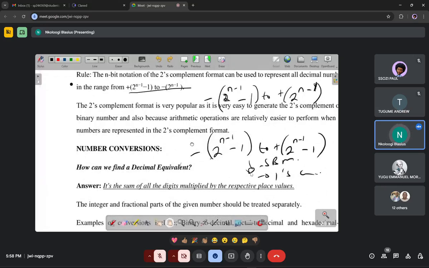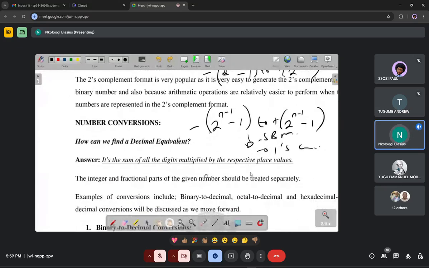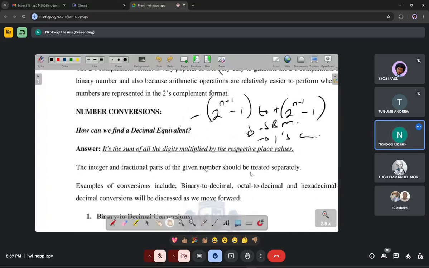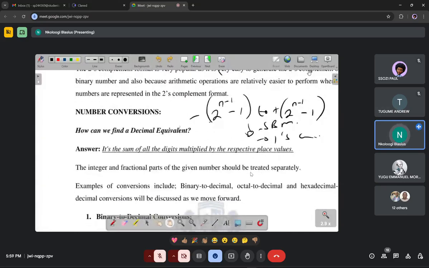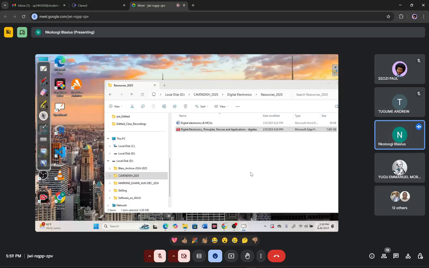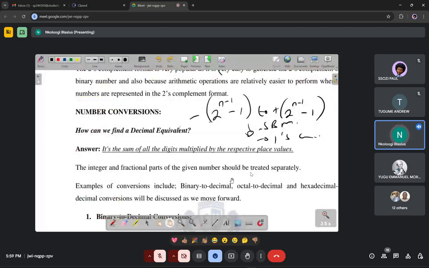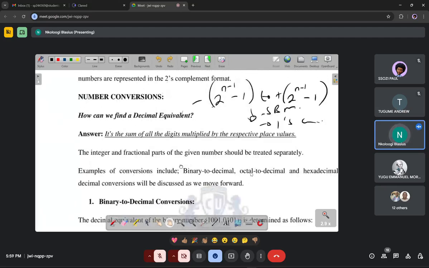So I was saying that we have now reached the point of number conversions. And according to our time, we had agreed to meet from 4 to 6. It is just 6 now, just 1 minute to go. So I cannot take you anymore, but I would request maybe 1 hour, and then I take you through the number conversions.